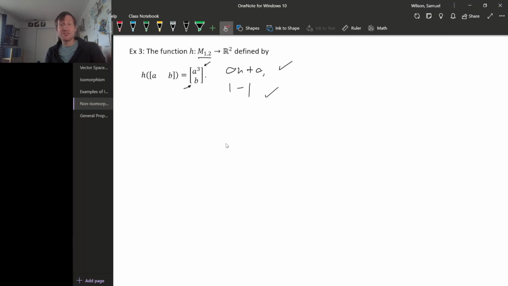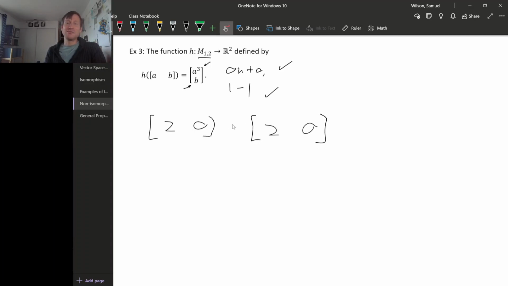Does it preserve vector space structure? Well, as usual, preserving vector space structure is a universal claim. So to disprove the universal claim, we need just a specific counterexample. And it's not hard to find one. So for example, how about (2, 0) and (2, 0)?